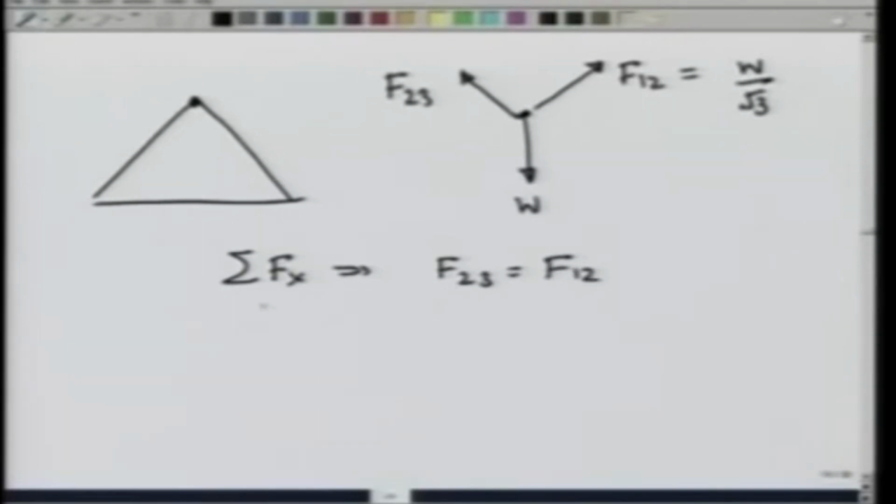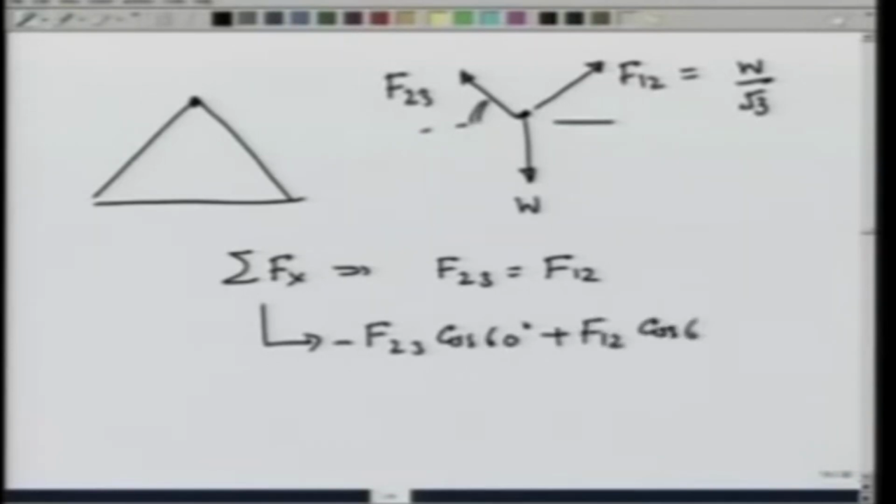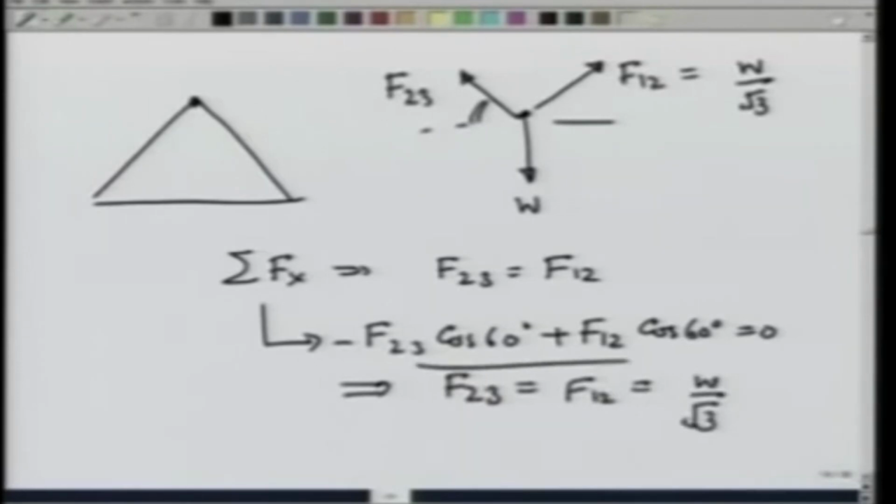Of course, this comes with F 2, 3, this angle is 60, cosine of 60 degrees with a minus sign, plus F 1, 2 cosine of 60 degrees is equal to 0, and this gives you that F 2, 3 equals F 1, 2 equals W over root 3.